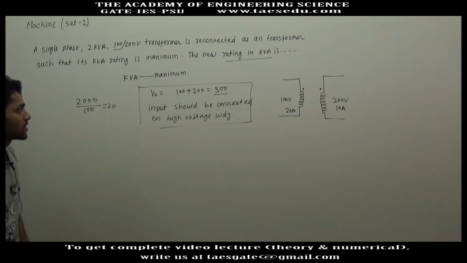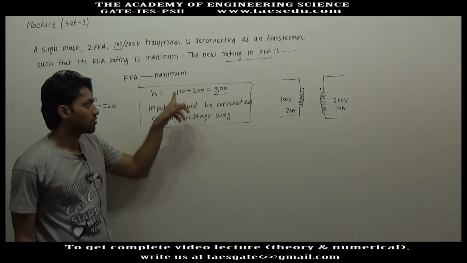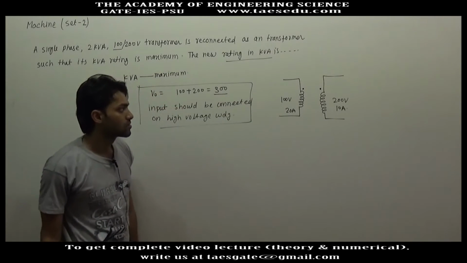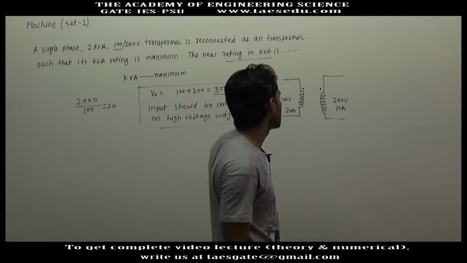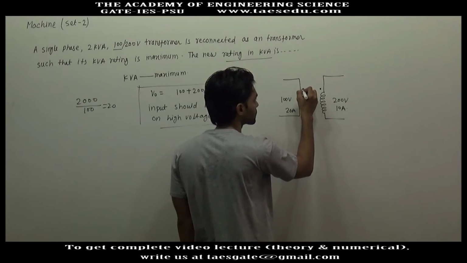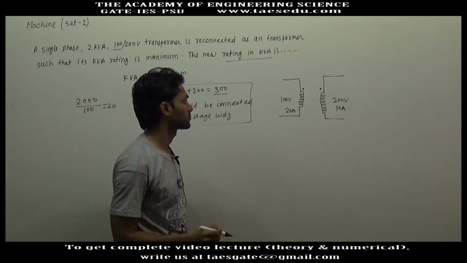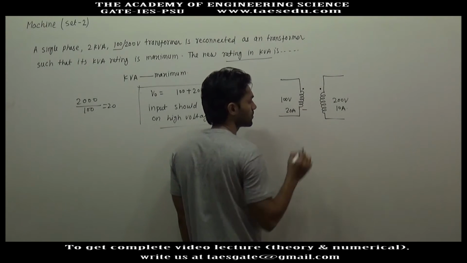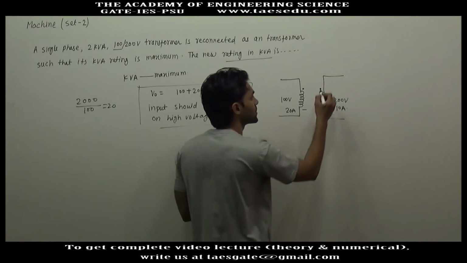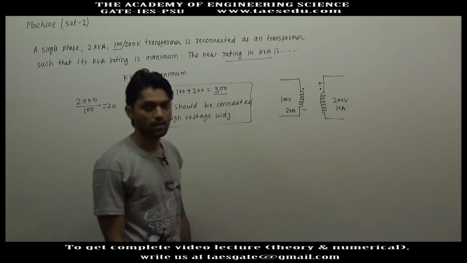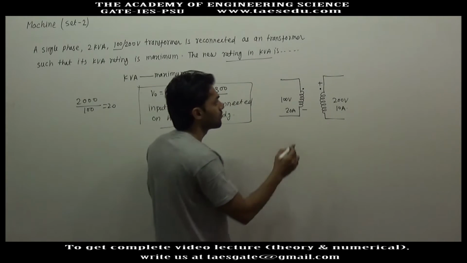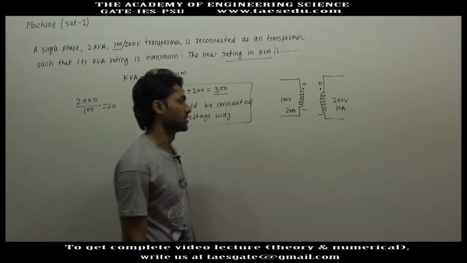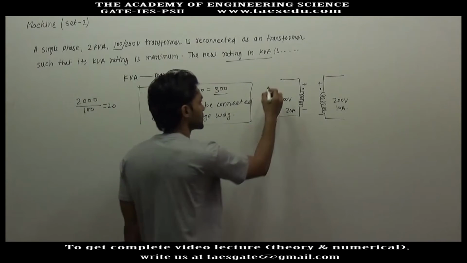Now connection has to be done in such a way that output voltage should be the summation of the voltage ratings of the two windings, and we observed how this can be done. When the negative terminal of first winding is connected to positive terminal of the second winding, or when positive terminal of first winding is connected to negative terminal of other winding.